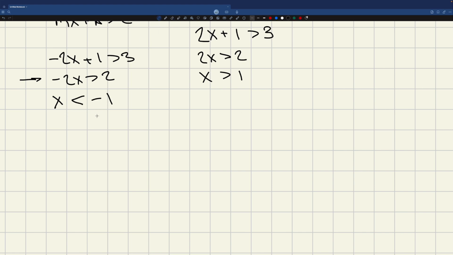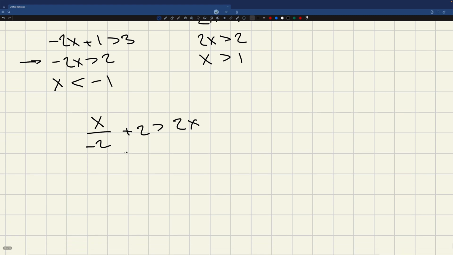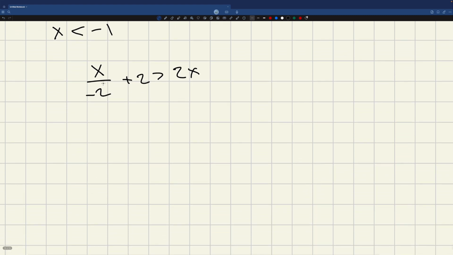Okay. Let's have a look at one that's slightly more complex. x divided by -2 plus 2 is larger than 2x. This is slightly more complex. This is getting to maybe 2 or 3 mark questions. Now, the first step, you can really do either. You can either multiply by -2 or you can carry the 2. Personally, I prefer multiplying by -2, so why not do that?